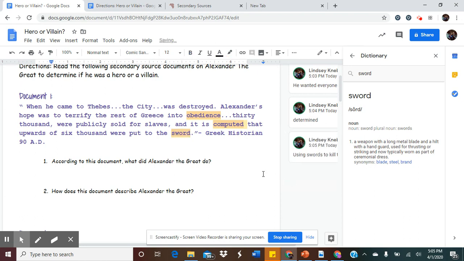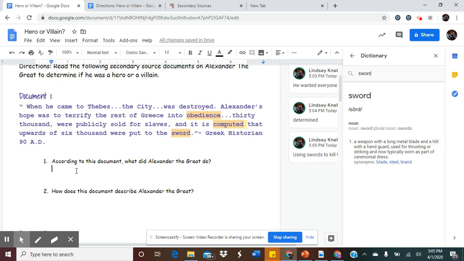So if I read that again: when he came to Thebes, the city was destroyed. Alexander's hope was to terrify the rest of Greece into obedience. He wanted everyone to listen to him, and he was going to terrify them to listen. Thousands were publicly sold for slaves, and it was determined that upwards of 6,000 were put to the sword, maybe I can even say death. All right.